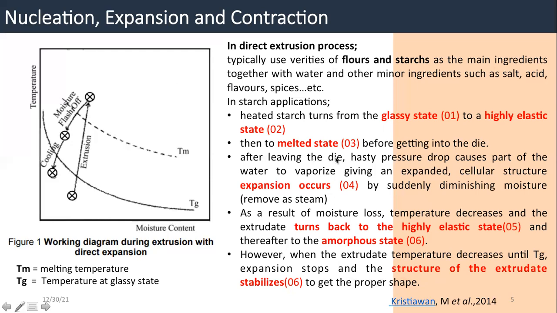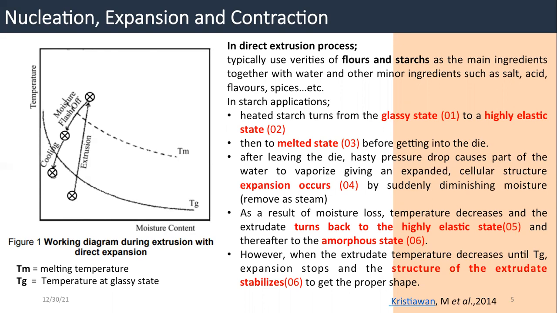After leaving the die, then what happened? After leaving the die, the pressure is somewhere around the environmental pressure, right? Normal pressure available in our environment, right? Normal gas pressure, atmospheric pressure. Then you can imagine the difference between inside and outside. Then a huge pressure drop is there. When the molten solution moves through the die, the pressure will drastically decrease.